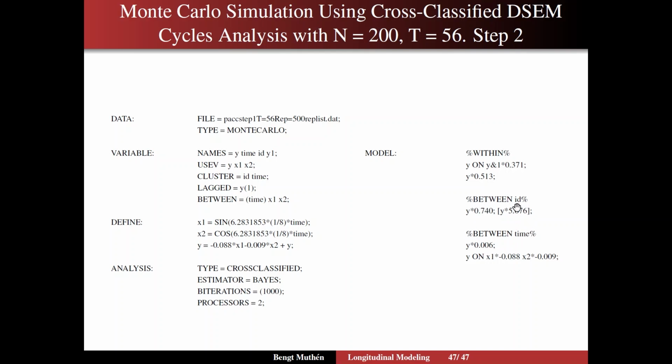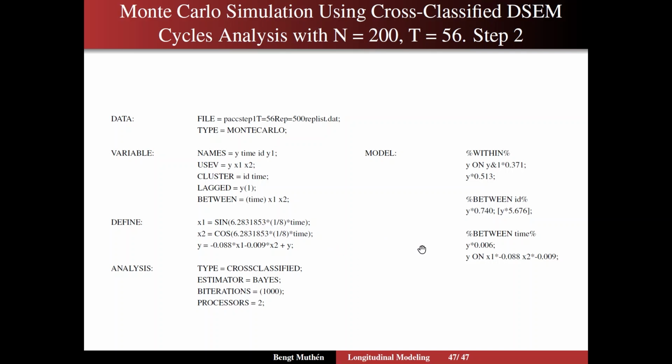And note here then that this ID is the ID up here, and time is the time up here. So this step 2 is very much like a real data run in that sense. And that's why we can also use define in step 2. We can't use define in step 1.